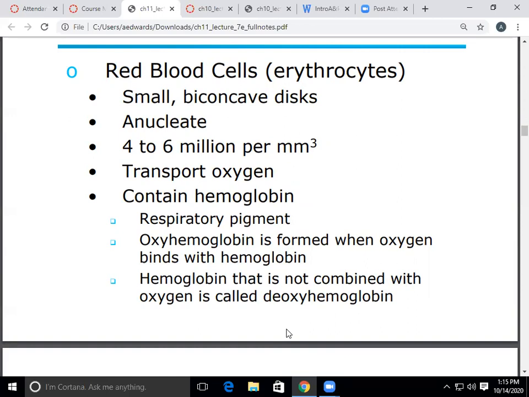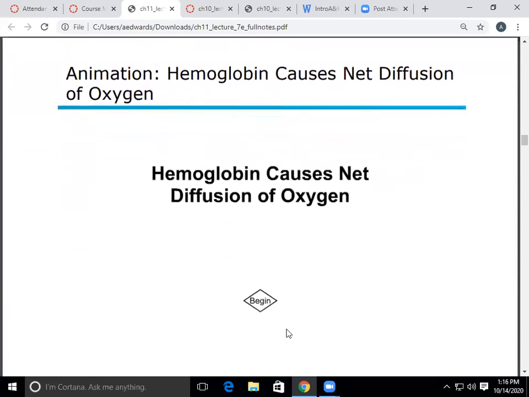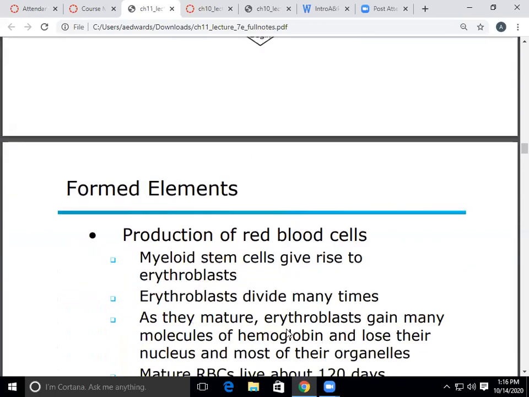Hemoglobin that doesn't combine with oxygen, we call deoxyhemoglobin. Deoxy means doesn't have oxygen.